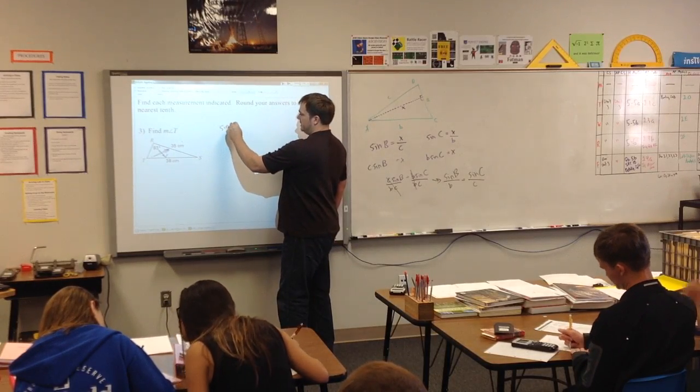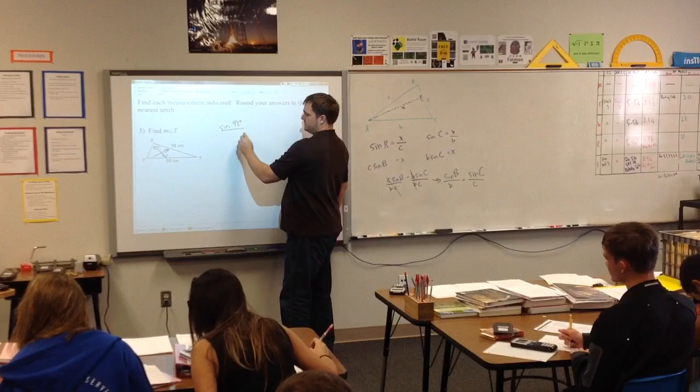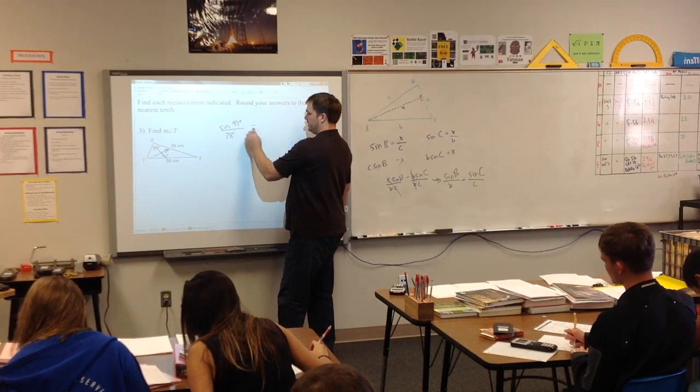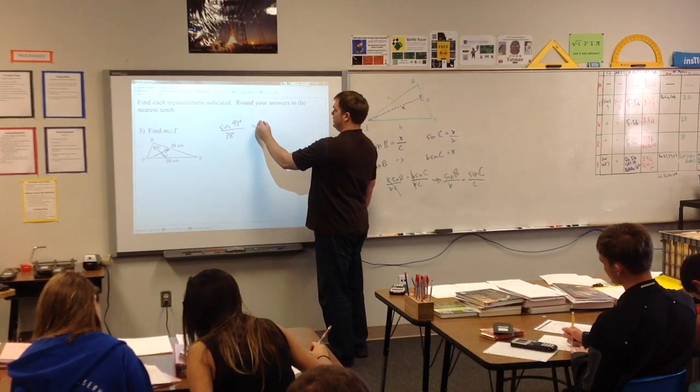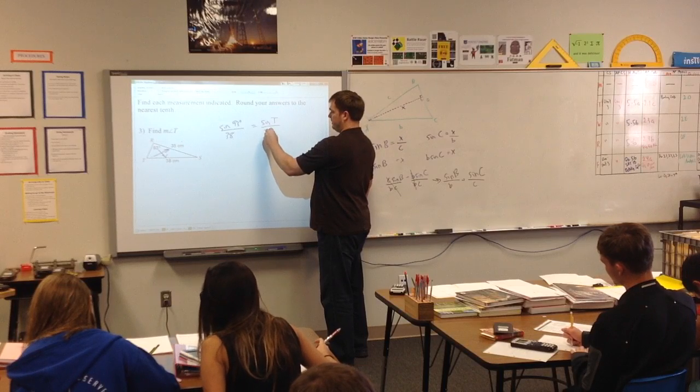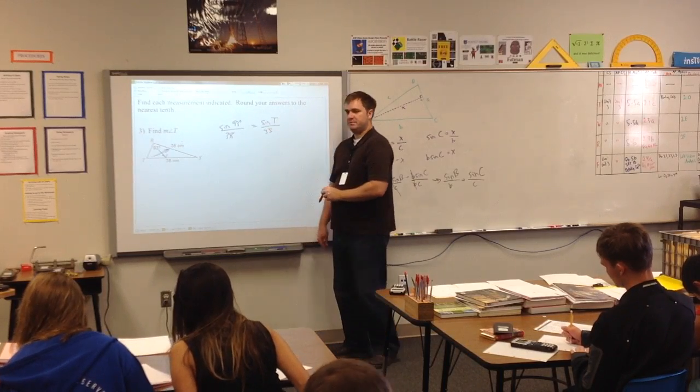We could say the sine of 93 degrees over 38 centimeters equals the sine of angle T over 35.